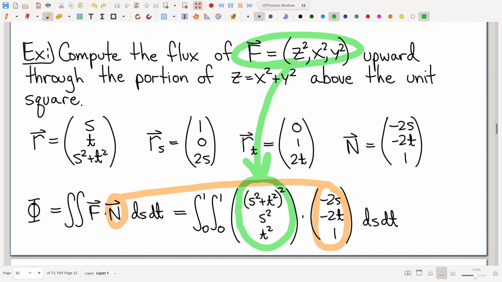The parameterization is over there, and notice in the parameterization, this right here says z is s squared plus t squared. So that z, we pull back, aka plug in, that z is s squared plus t squared. What do you think? Everybody happy with that? Questions, feel free.